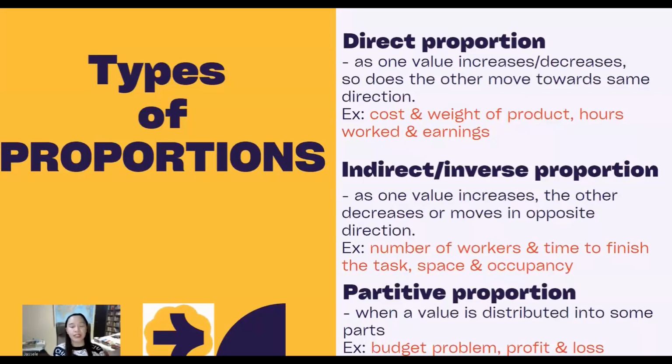Now, the second type is an indirect or inverse proportion. This is the opposite of direct. As the prefix goes in, di ba? Not. So, if the other one increases, the other one decreases or goes to the opposite direction. So, kung pataas yung isa pababa yung value.